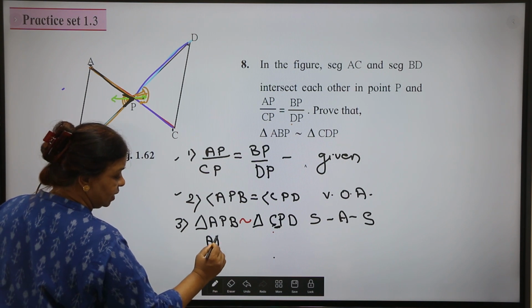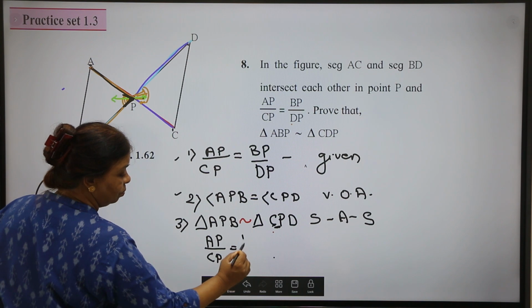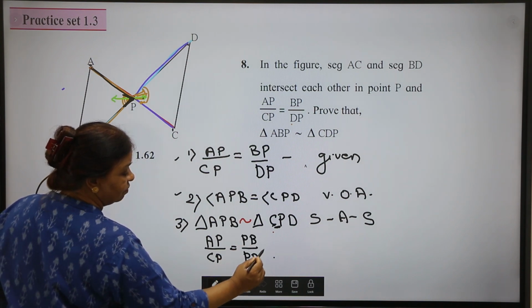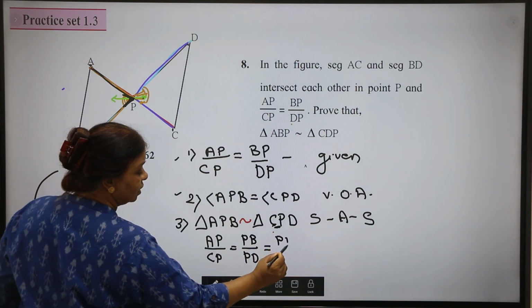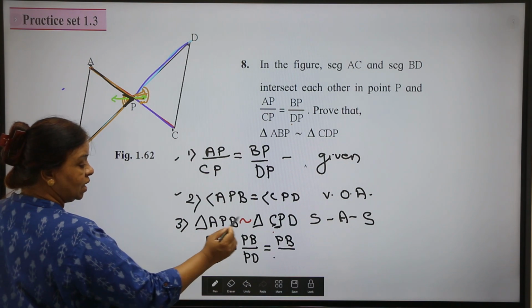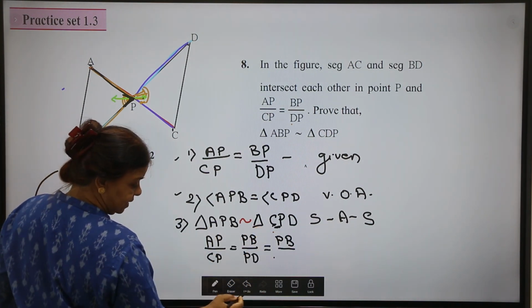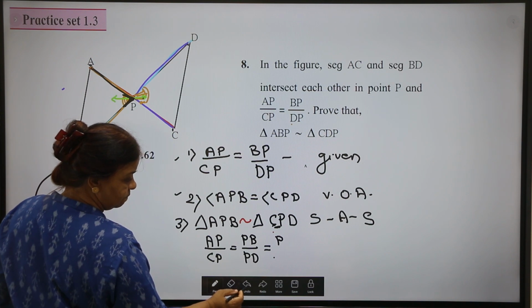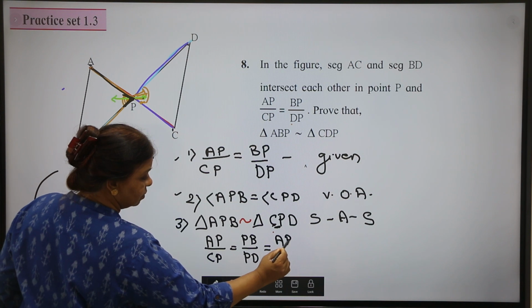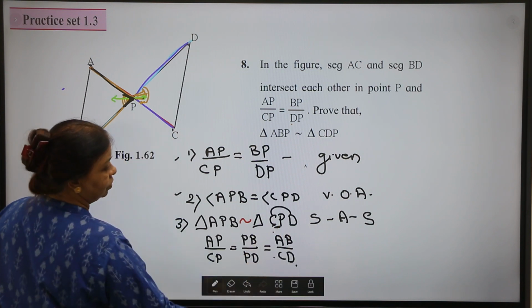Corresponding sides AP upon CP is equal to PB upon PD, which is equal to AB upon CD. What we want to prove?